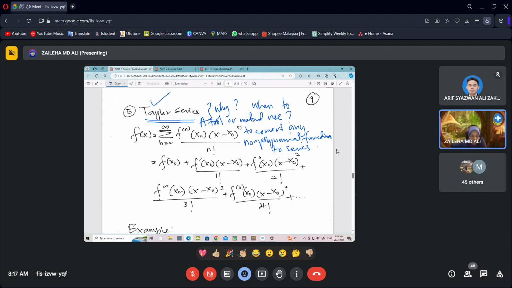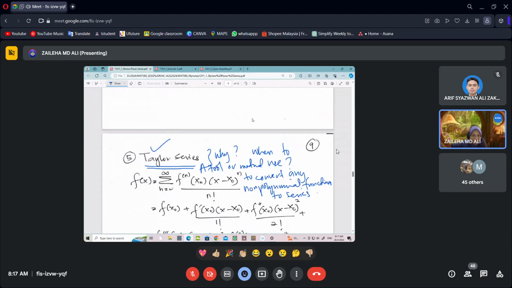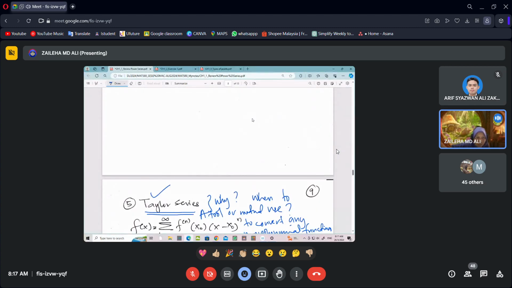For the example I give, we want to solve an ODE. Our ODE is y double prime, plus 2x y prime, plus cosine of x times y equals 0. I put it in a bracket.